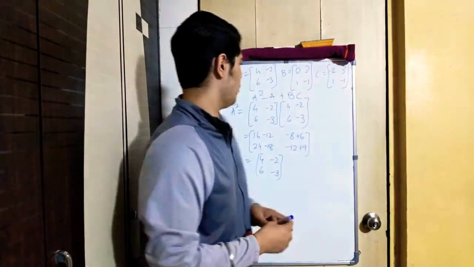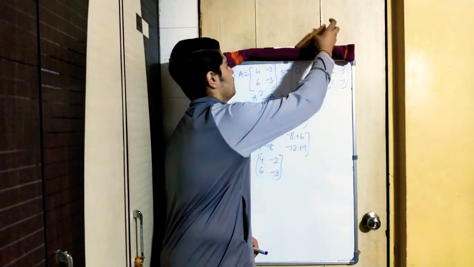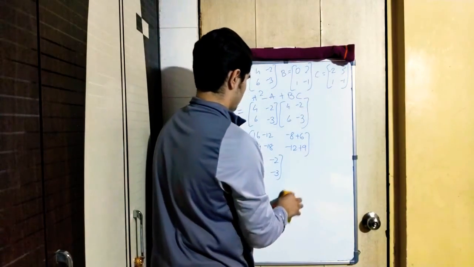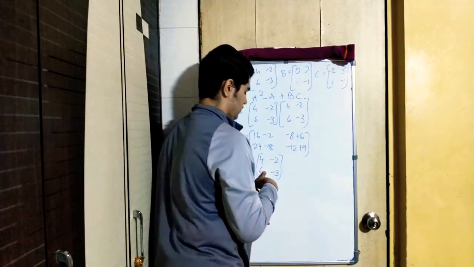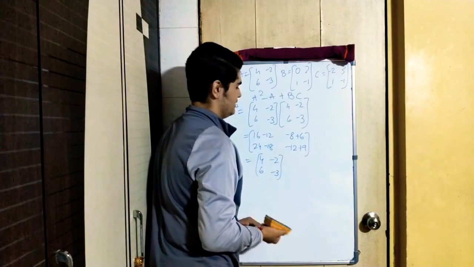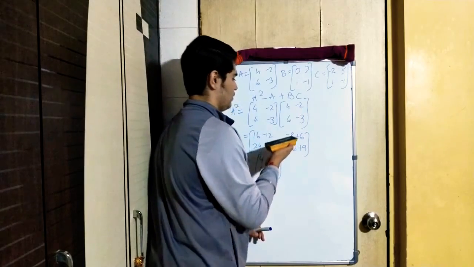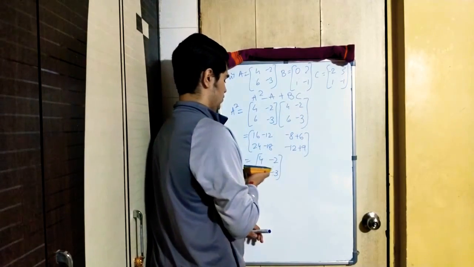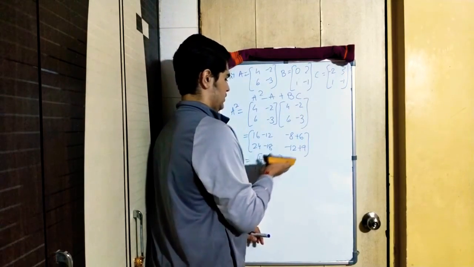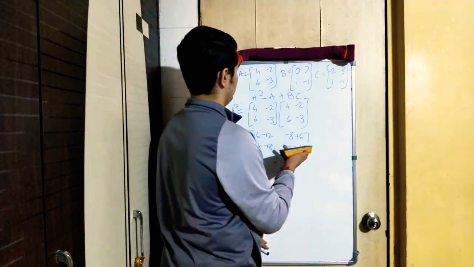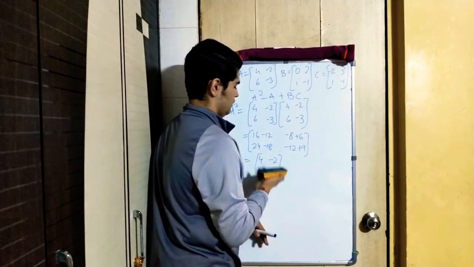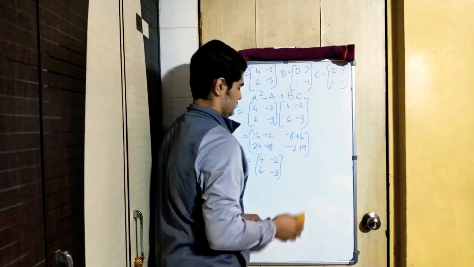You can even copy by pausing the video. So the value of A squared is as it is, not changed: [4, -2; 6, -3].